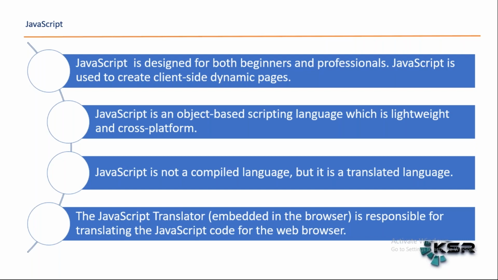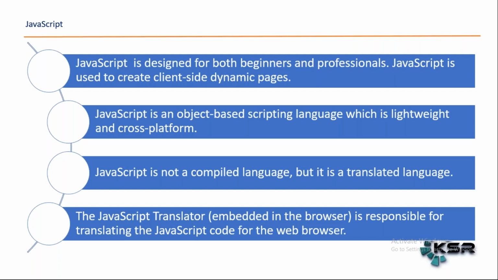JavaScript is also an object-based scripting language, which has inheritance, polymorphism, and everything, and it is lightweight and cross-platform compatible. What do we mean by cross-platform? I can use this JavaScript on any kind of operating system. Whatever code I have written, I can use it on Mac OS, Windows, Linux, or any kind of devices like mobile.